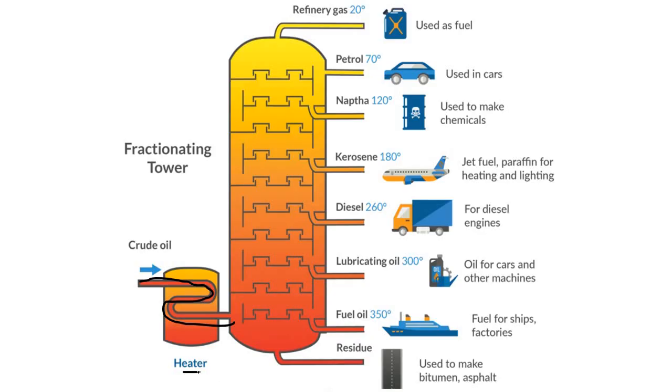The crude oil is heated until it all turns to gas. This is the furnace. It is transferred through the furnace to the tower. The hot gases enter at the bottom of the tower. From here the hot gases are entering.